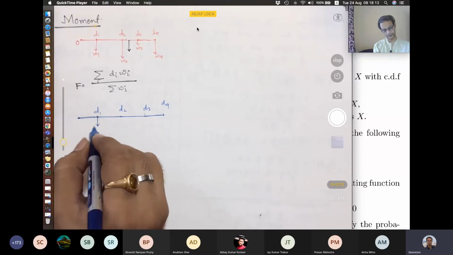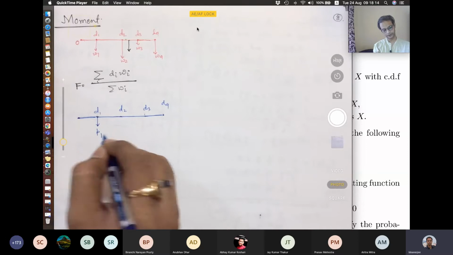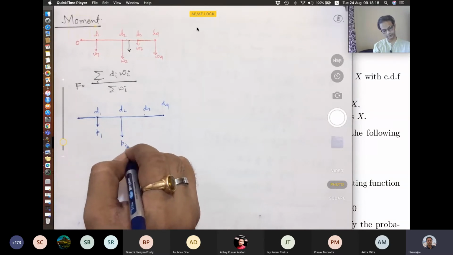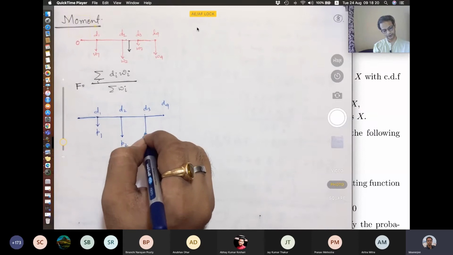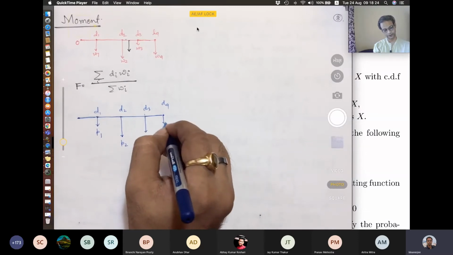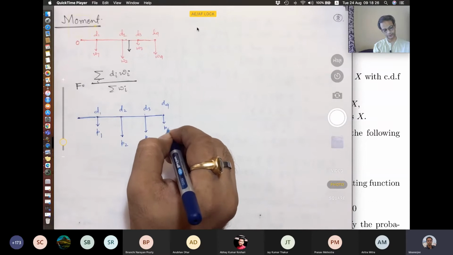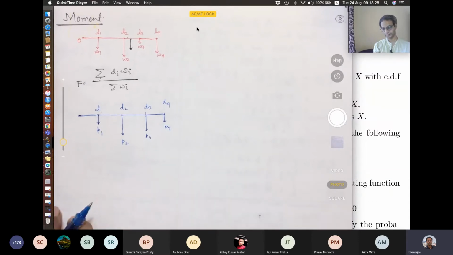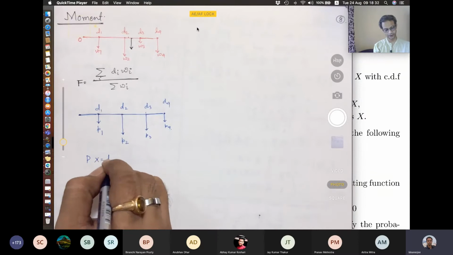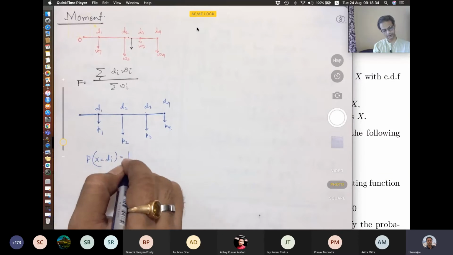The probability of obtaining D1 is P1, the probability of getting D2 is P2, the probability of getting D3 is P3, the probability of getting D4 is P4. So the probability of X equals D_i is P_i.